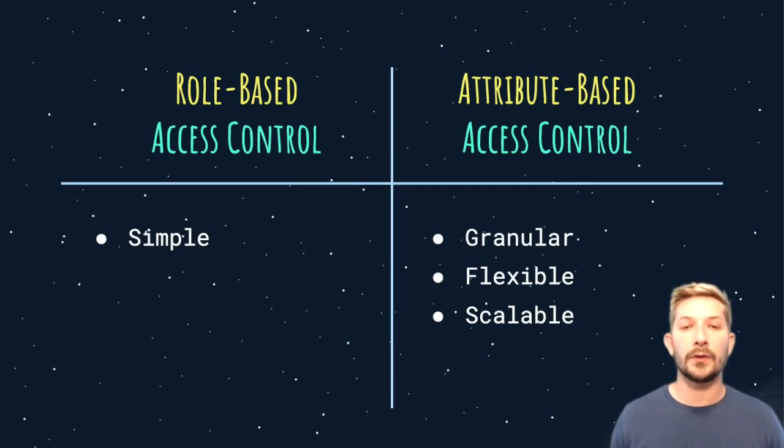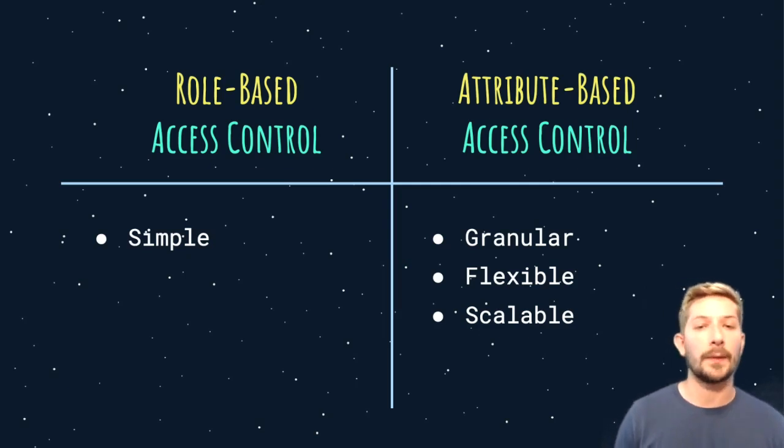And when we compare these two strategies side by side, there are a lot of reasons to prefer attribute-based access control. This strategy provides more granularity, which gives us more leverage over user friction. This strategy gives us more flexibility that if we want to come up with new ideas or implement new permissions, we don't have to do a lot of work.